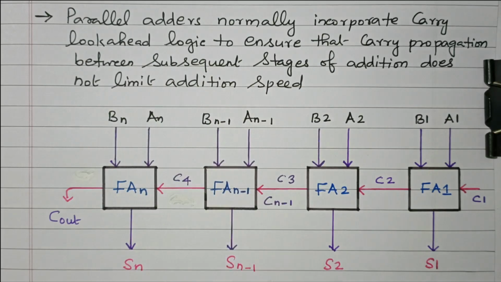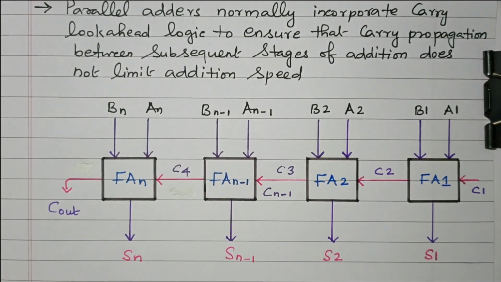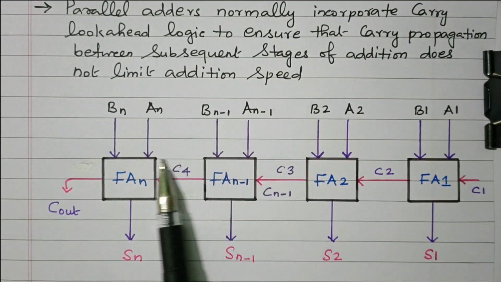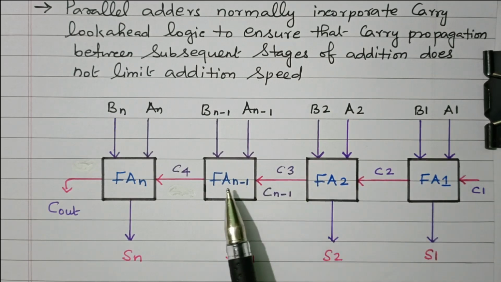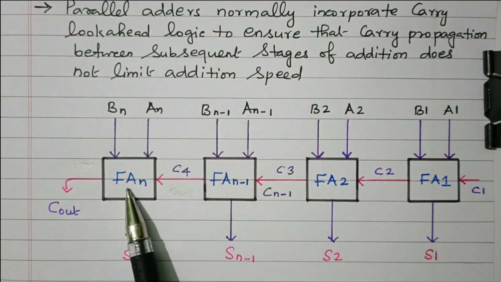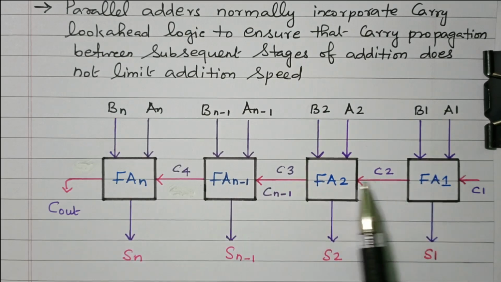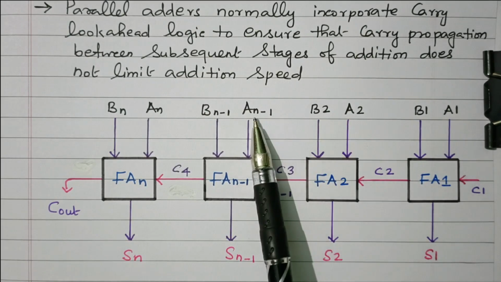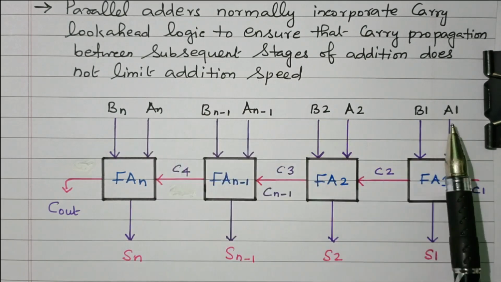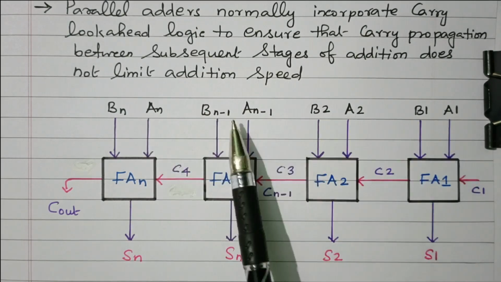Now we'll see the logic diagram of the parallel adder. Here we have n bits. So in this parallel adder, full adder 1, full adder 2, up to full adder n minus 1, full adder n. So n number of full adders are available. A1, A2, up to An minus 1, An are the digits of the first number.